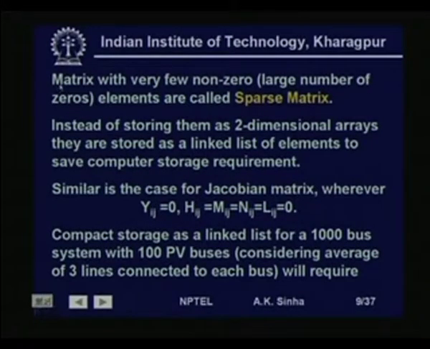So, what we have is the Y bus matrix with very few non-zero elements, and it is a sparse matrix.